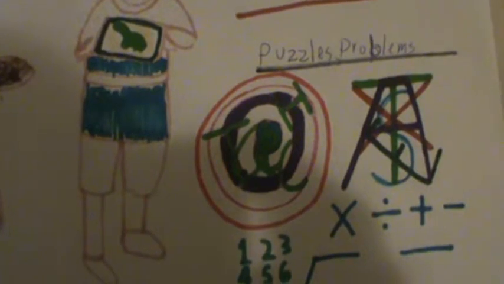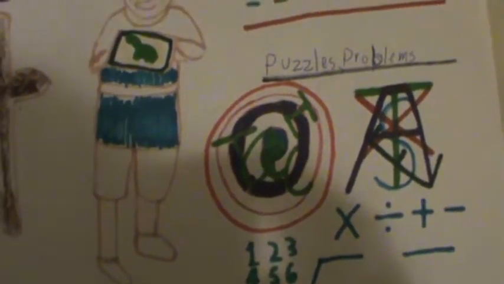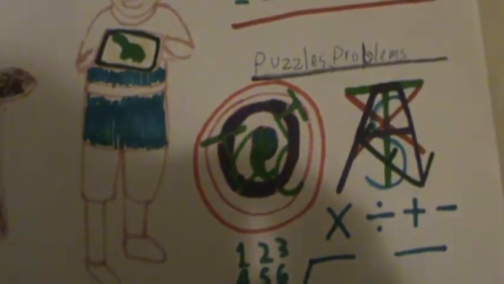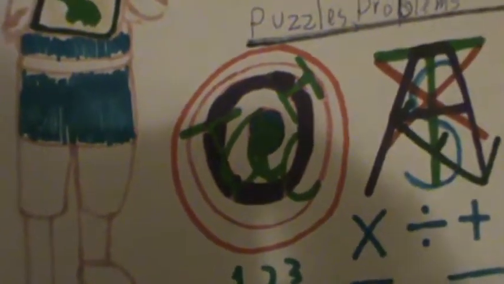Basically, you can make it like a little art symbol, an artifact. With these words right here, you've got the word teach. The way I have it described right here is like a bullseye.